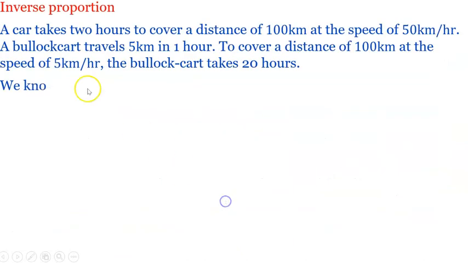Okay. Next, inverse proportion. A car takes 2 hours to cover a distance of 100 km at the speed of 50 km per hour. A bullock cart travels 5 kilometers in 1 hour.